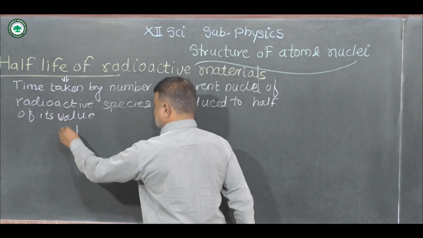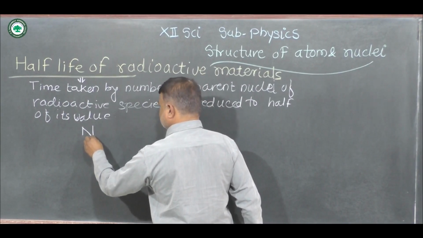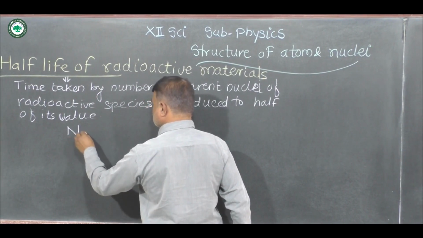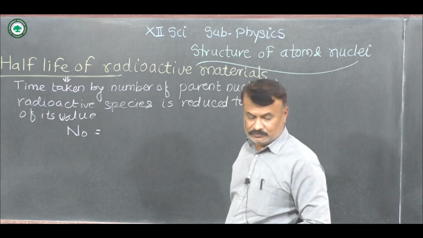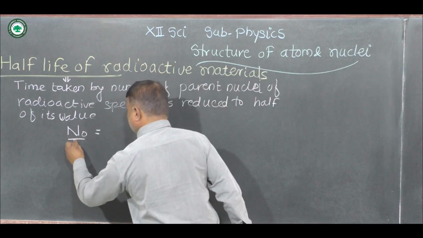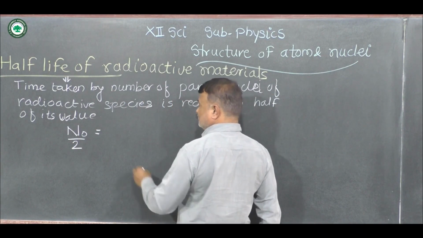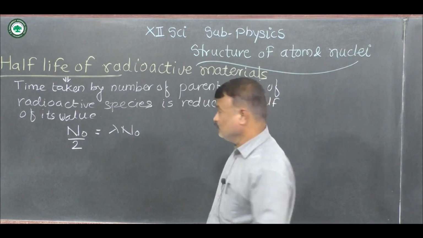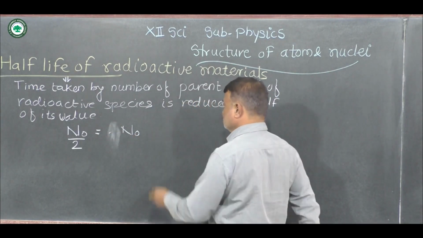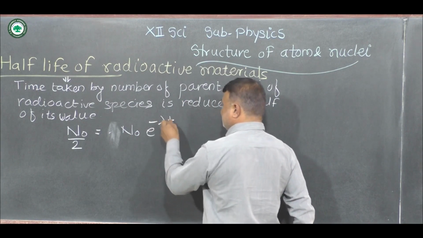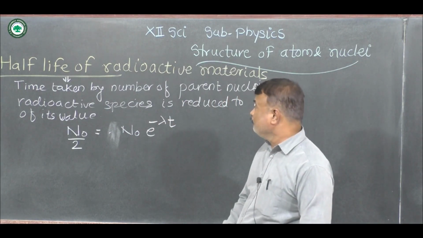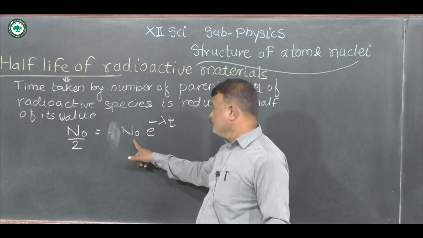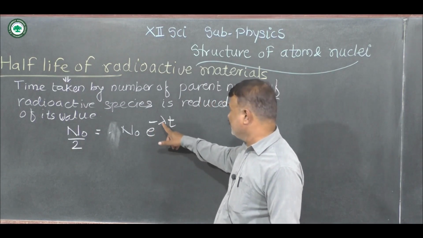So N is equal to, this is half time, so we take N0 by 2, N0 e raised to minus lambda t. For half-life of the radioactive material, we get N0 by 2 is equal to N0 into e raised to minus lambda t.